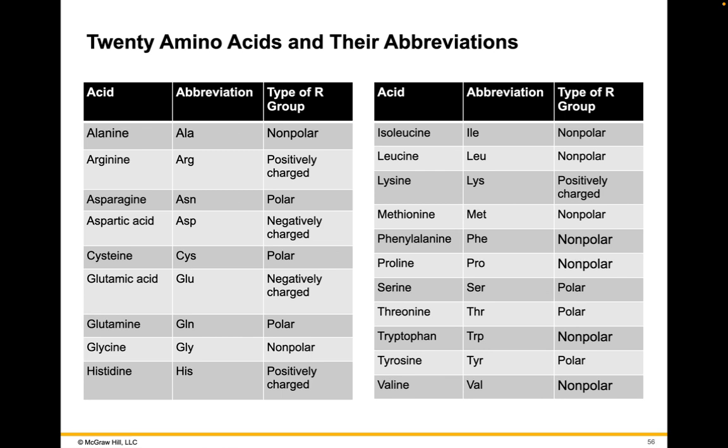So here are the 22 amino acids and their abbreviations. I want to mention cysteine once again because of its sulfur molecule in there. Methionine is really popular. It's the first amino acid on all proteins. And then all these others have been named.